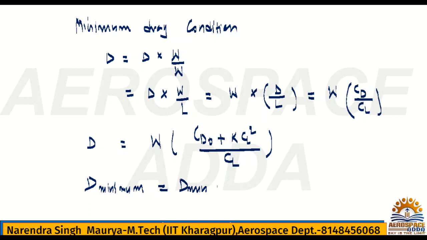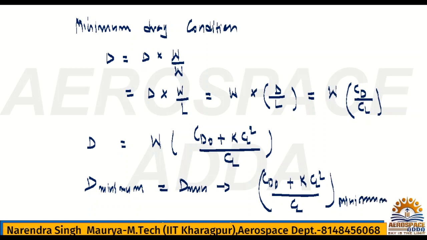So for D min, this CD naught plus K CL square by CL should be minimum. Yes or no? For minimum drag this bracket value should be minimum, because weight is constant, so we cannot touch the weight. Only if the bracket value CD naught plus K CL square by CL is minimum will we get minimum drag.